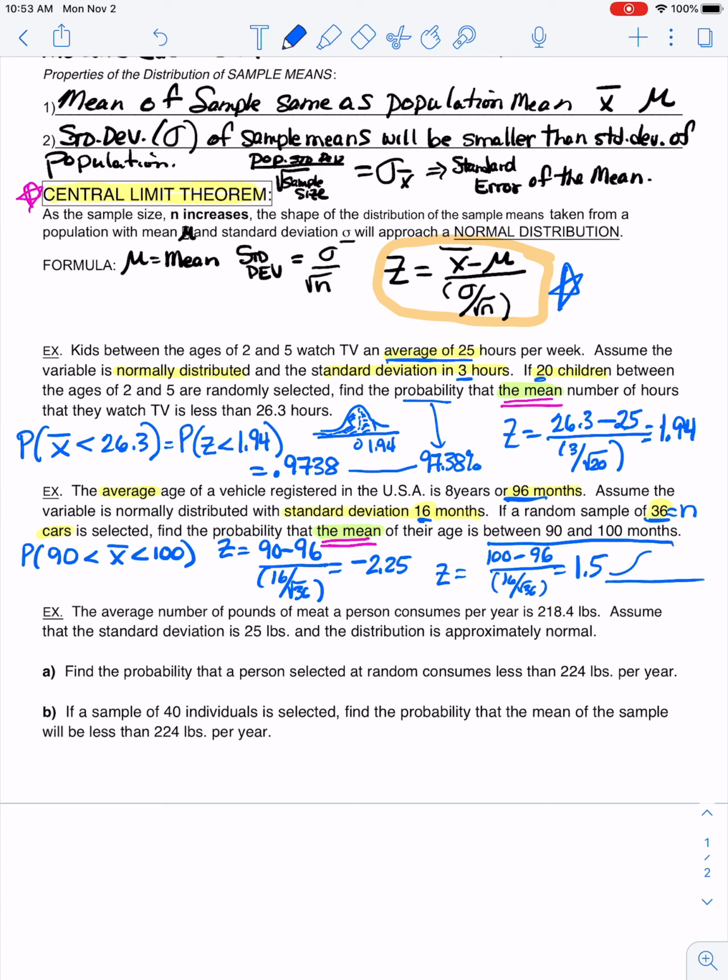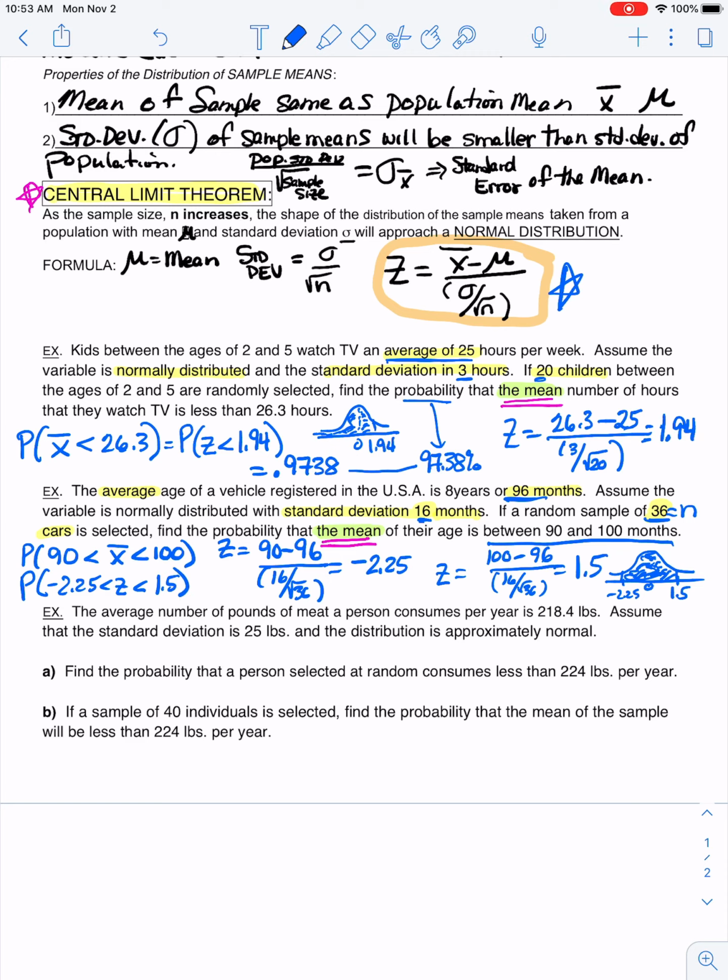So as a picture, we're over here at negative 2.25, and this side 1.5. And we need the probability for that area right in there, in between. So really it looks like this, where negative 2.25 is less than z is less than 1.5.